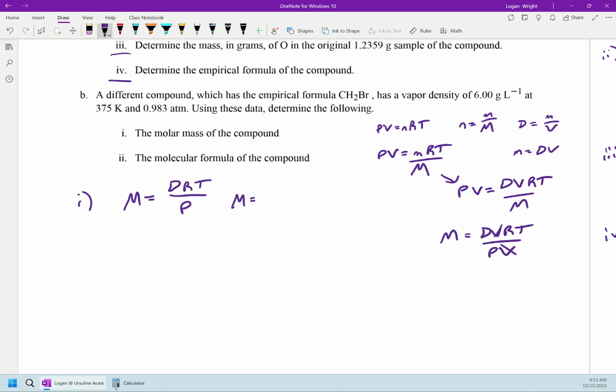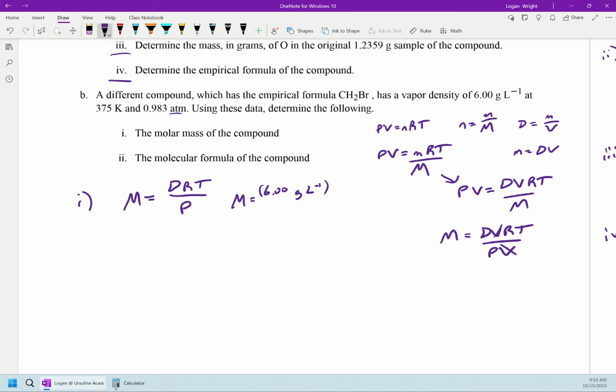So molar mass equals, my density is 6 grams per liter. My gas constant is in atmospheres. It's always important to double check that atmospheres is what we're using. So actually, let's write in all of the units. Grams, liter^-1.